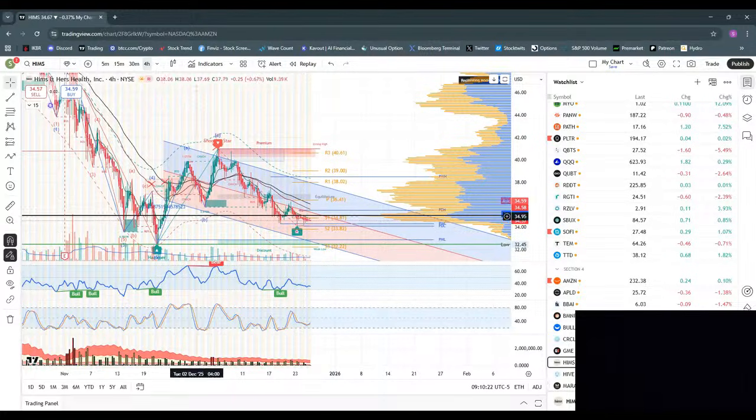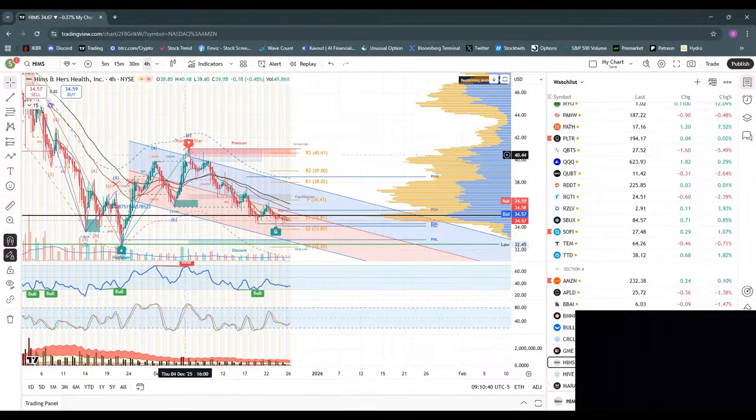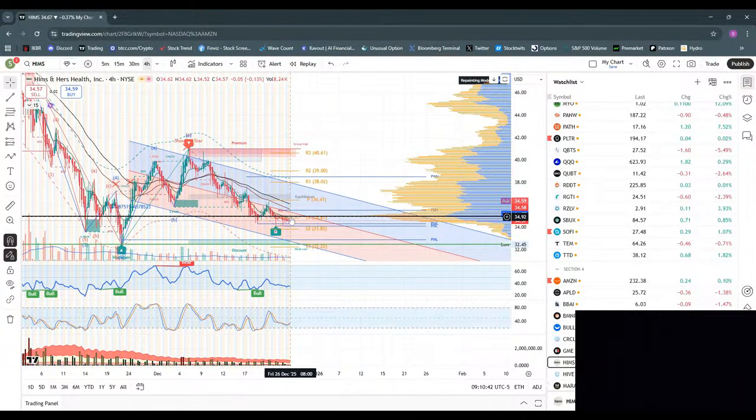What I'm looking at from here is that we have expanding supply in this area. If you look, this was the demand, supply, demand, and then the expanding supply. If the supply is expanding 2 to 3 times of this time frame, let's say this was 5 days and this is 15 days, what will happen? The demand will also expand, meaning there will be a small demand slowly right here in this area.